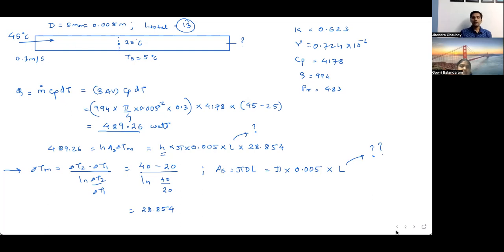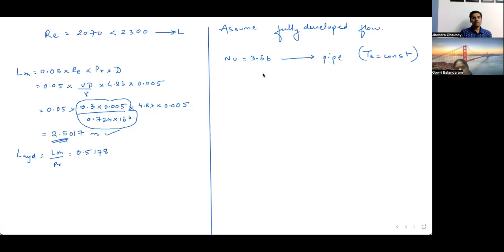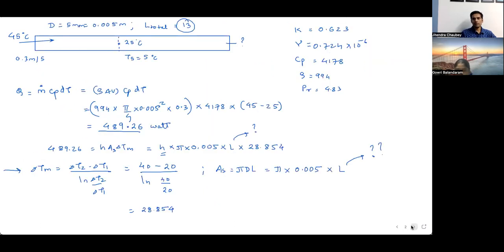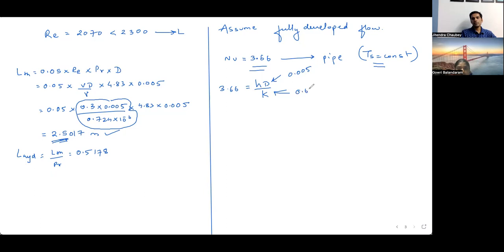So now here the flow is laminar. At the same time, the surface temperature is constant. So Nusselt number is 3.66. This will be equated to hD by k. Nusselt number is 3.66, diameter is 0.005, k is given as 0.623.